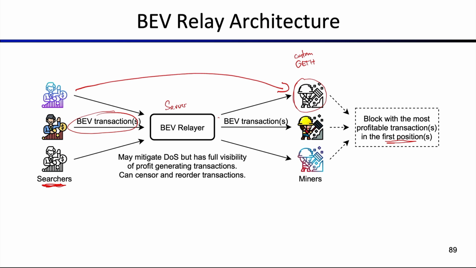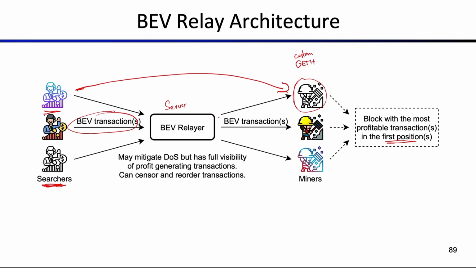And why have middlemen in a blockchain environment, if all that we do is strive towards eliminating the middlemen? So I would advocate for more decentralized approaches where the searchers would directly speak to the miners instead.